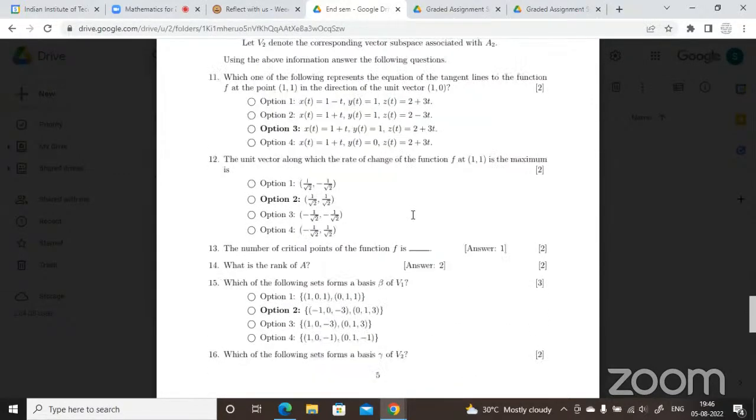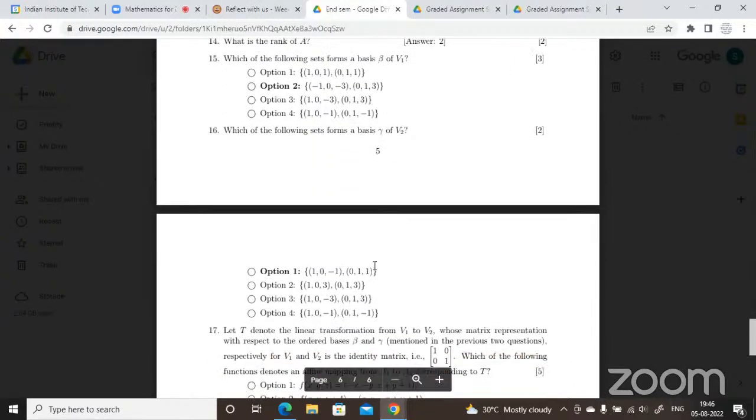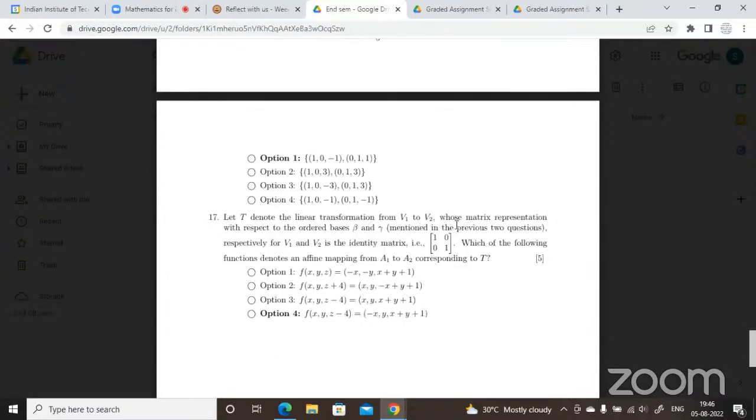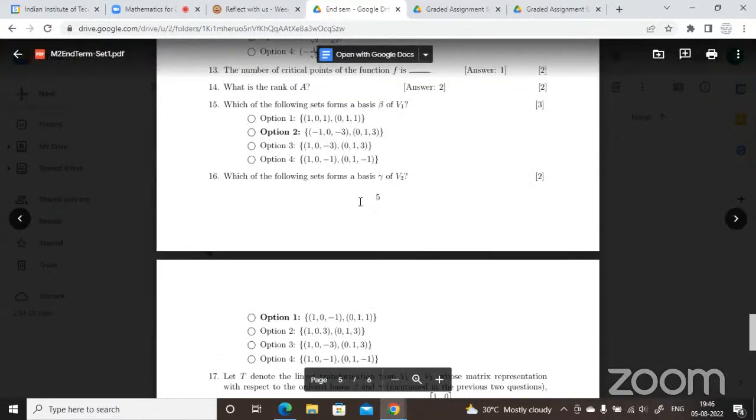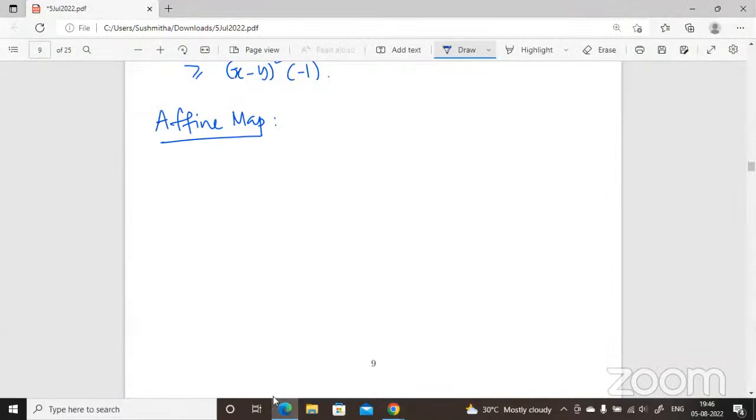Equation of tangent line, directional derivative, and then we have arrived at basis and all that. Let T denote the linear transformation from V1 to V2 whose matrix representation with respect to the ordered bases beta and gamma is given. Beta is found, gamma is found, and the matrix is given. Okay, fine. So what is given?